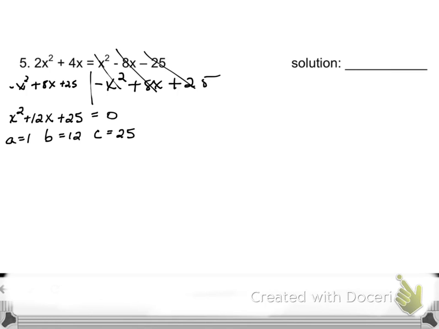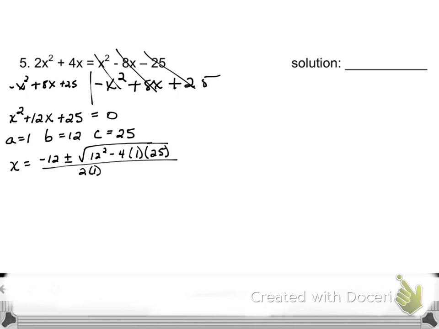So, putting it in the quadratic formula, x equals negative b, so that's negative 12, plus or minus the square root of b squared, so that's 12 squared, minus 4 times a, which is 1, times c, which is 25, all of that over 2 times a.